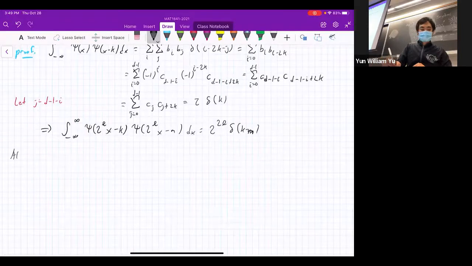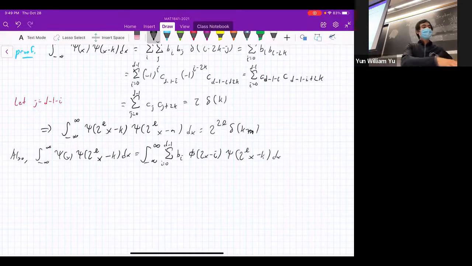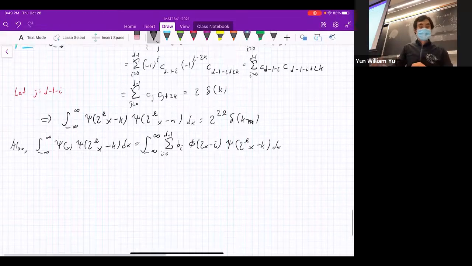And also, we know that the integral from minus infinity to infinity of psi(x) psi(2^L x - k) dx, we can break up these things into summations. So that's equal to the summation from minus infinity to infinity of the summation from i equals 0 to d minus 1 of b_i phi(2x - i) times psi(2^L x - k) dx. And you can see where this is going.